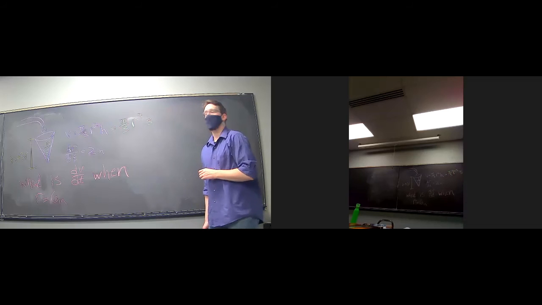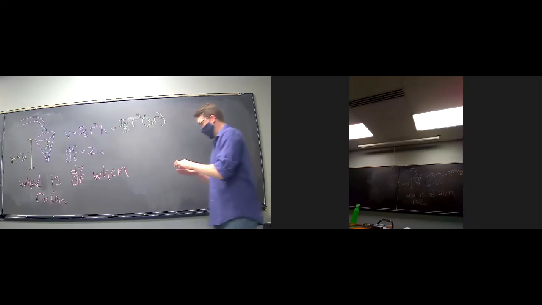Plug h in. Yeah, first thing we're going to want to do, plug h in. Because we know h is equal to 3r, we know volume is going to be equal to pi over 3 r squared times 3r.